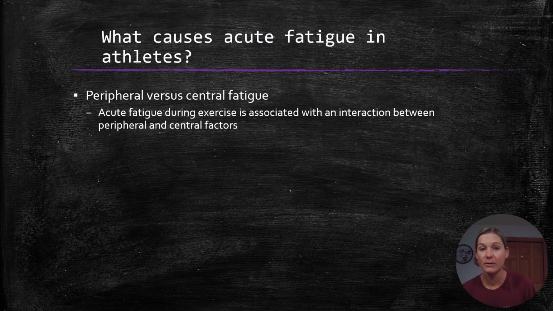It could be depletion of our energy substrates, so our fuels. So maybe we run out of carbohydrates or we run out of ATP, and therefore we're feeling fatigue. And it could also be related to something neural, as we mentioned, a reduction in motor unit firing frequency, resulting in a decrease in neural drive from the brain.